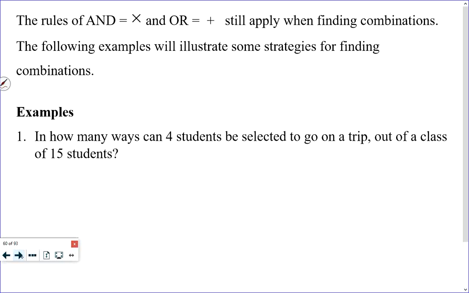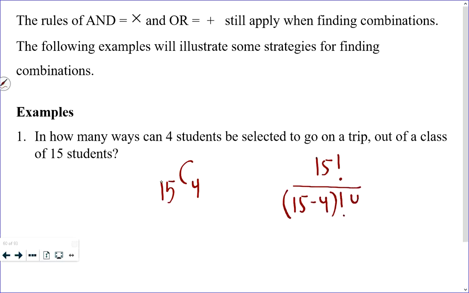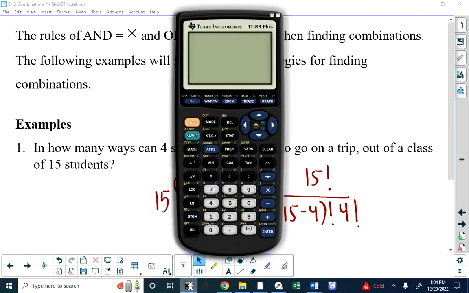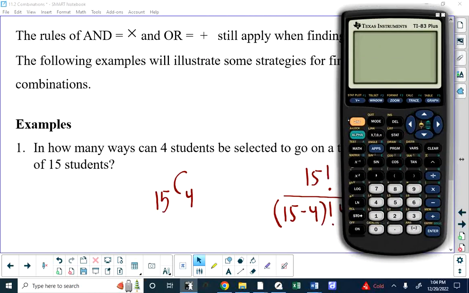And if you want, you can take 15 factorial over 15 minus 4 factorial, 4 factorial. I don't know anybody who wants to do that. Or you can just use your calculator, right? I hope it's not lost on you in all those times you went to the factorial and to the permutations function that there is a combinations function.